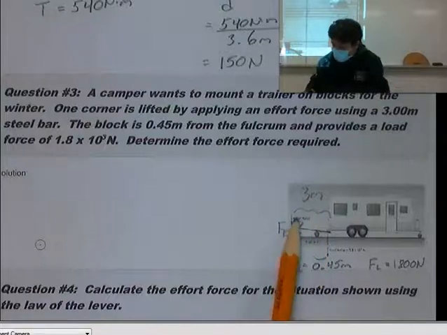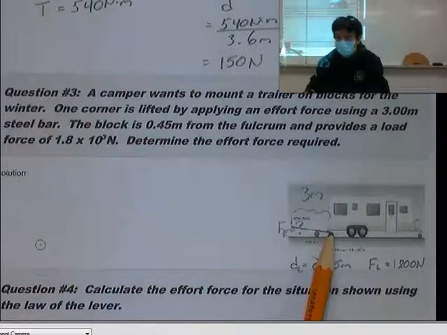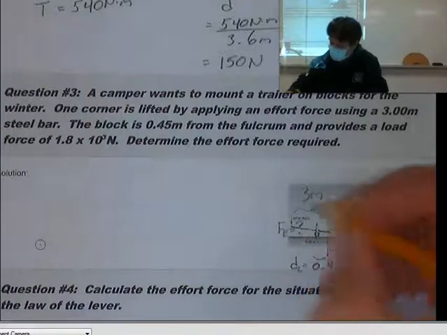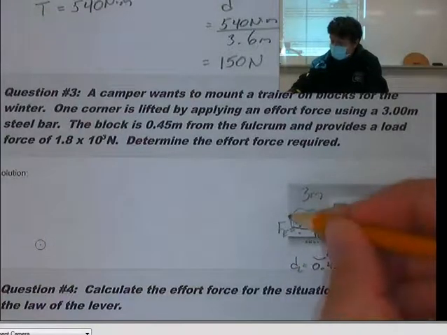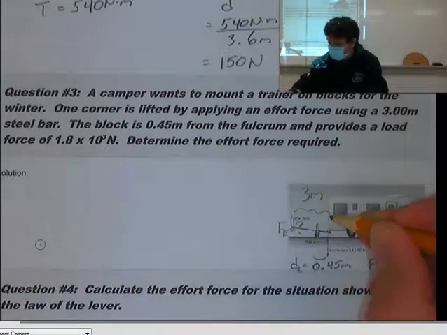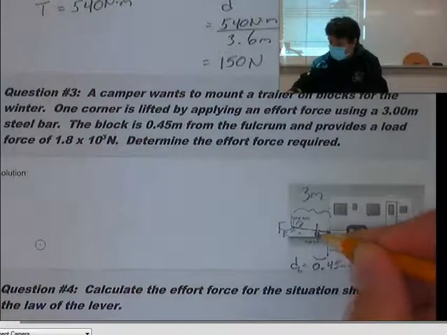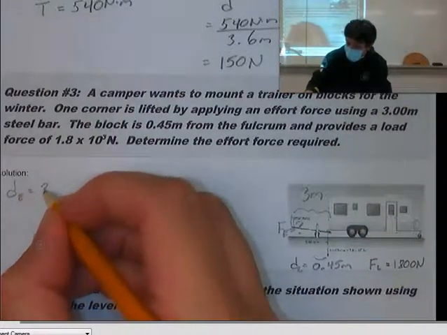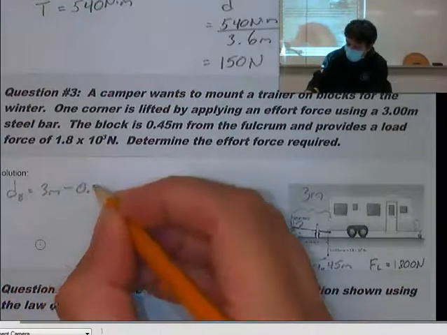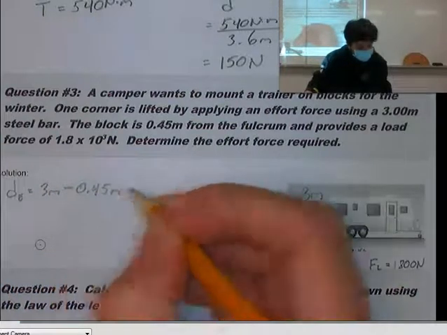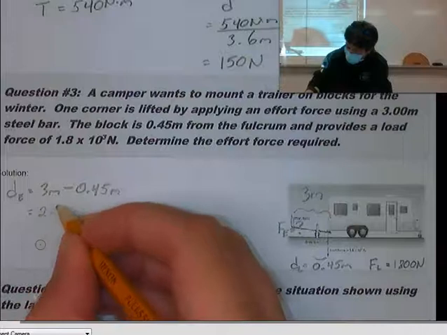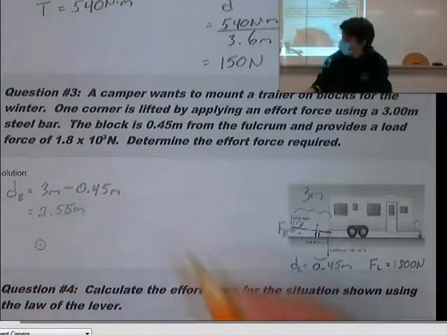It's the length of the entire steel bar. The effort arm is from the fulcrum to here. Now if we know the whole thing is 3 meters, and we know this portion is 45 centimeters, we can say that the effort arm is 3 meters minus that 45 centimeters, 2.55 meters.